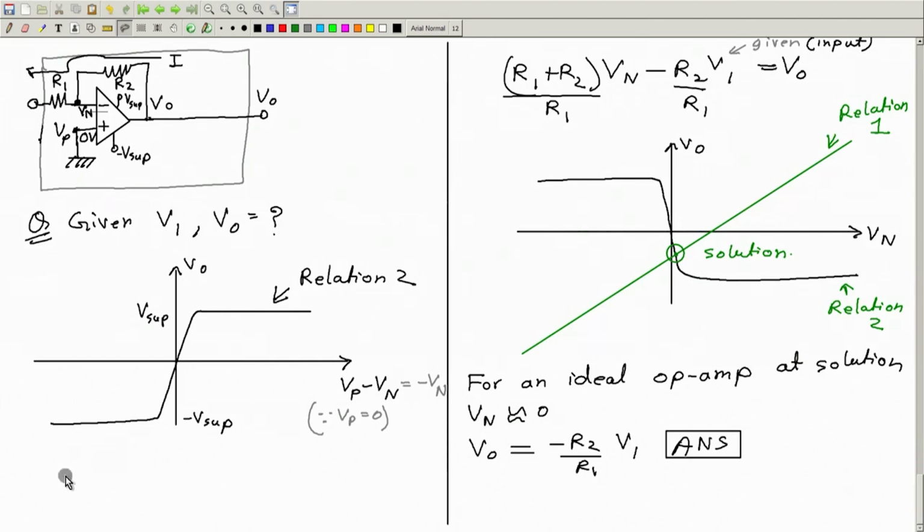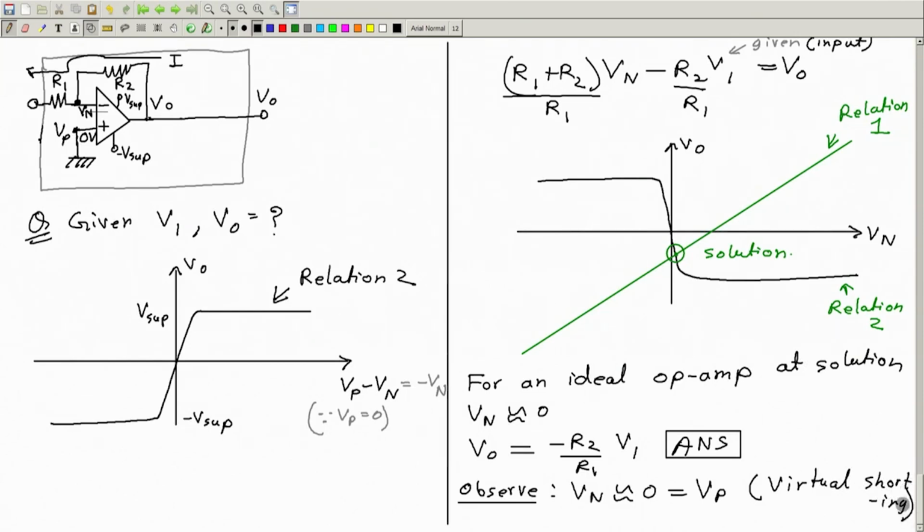Now, once again observe, Vn is almost equal to 0, which is same as Vp. Vp is 0. So Vn and Vp are almost same. This once again is virtual shorting. So virtual shorting is also true for this circuit, which is the inverting amplifier.